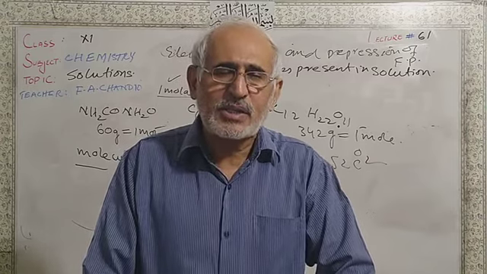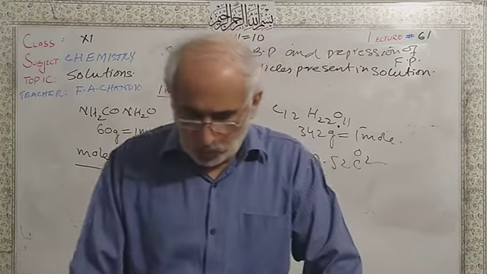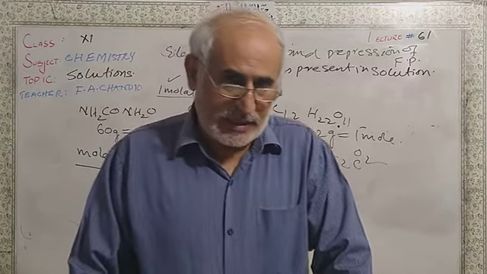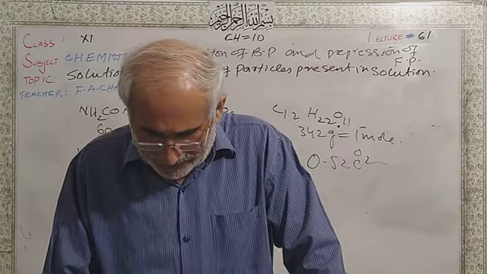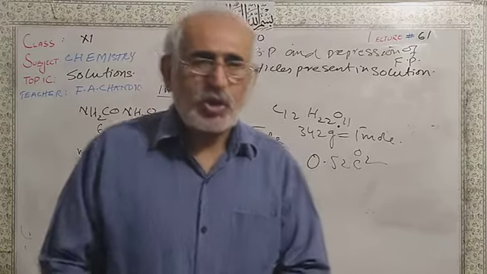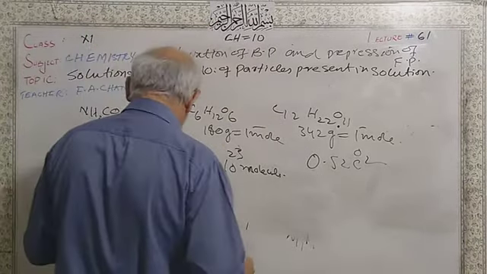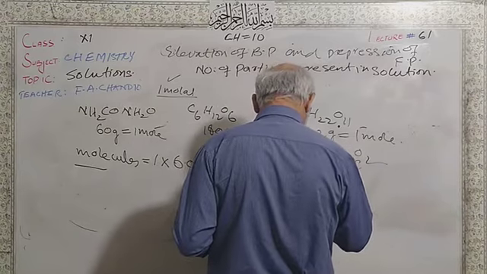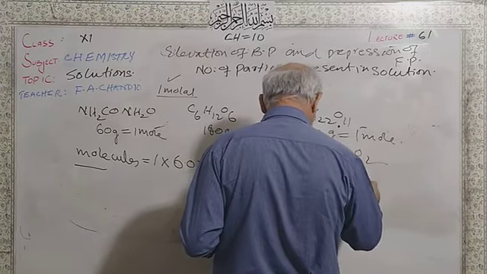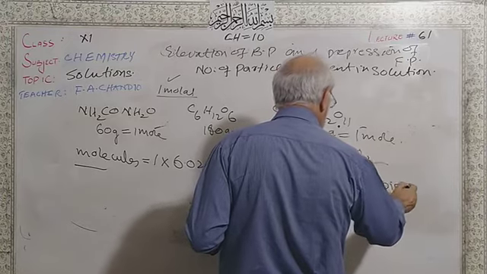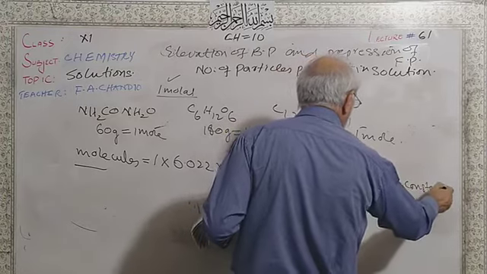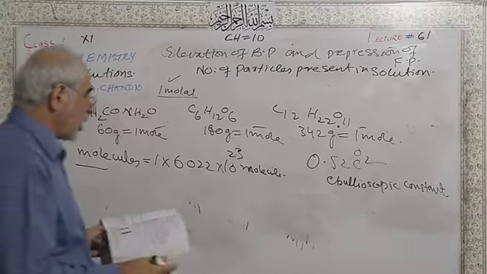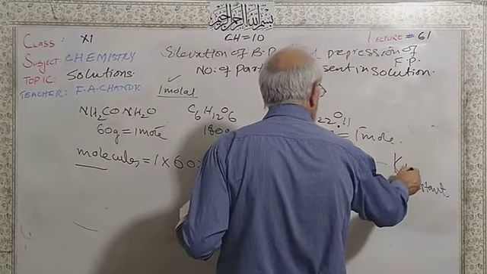So this is known as the molar boiling point constant. The 0.52 degrees Celsius increase, the elevation of the boiling point, is called the molar boiling point constant, or we call it the ebullioscopic constant, which is denoted Kb.